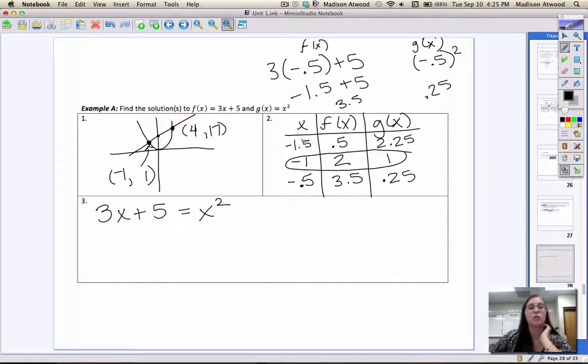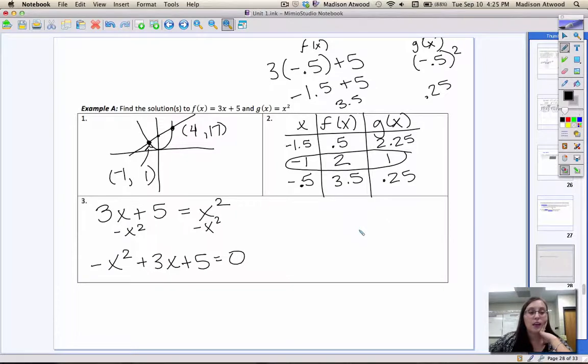I set the two functions equal to each other to try to figure out what x value will make them both true. And then remember we talked about solving for 0, so I'm going to subtract x squared from each side. So I'm going to get -x squared plus 3x plus 5 equals 0. And I'm pretty sure I'm not going to be able to do any factoring on this one because the only factors of 5 are 1 and 5, and those don't get me to 3.